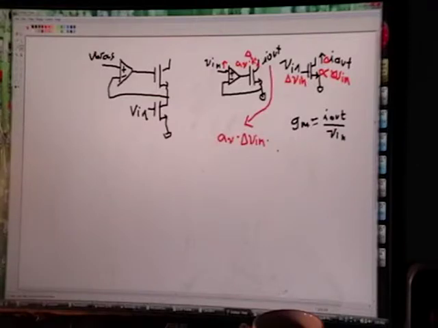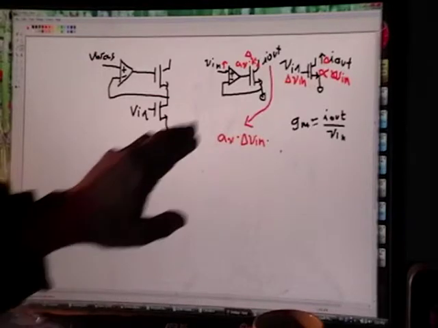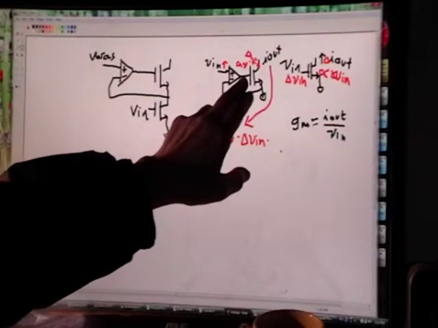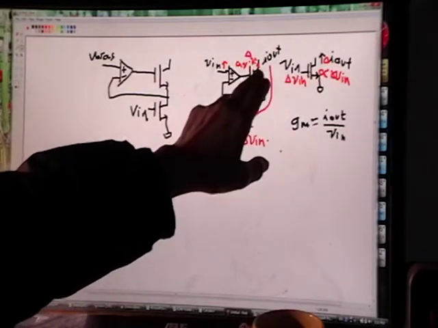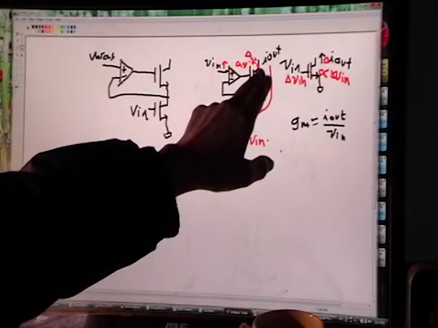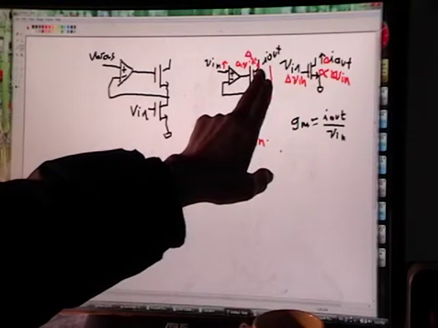I'm trying to think of a correct way to say this. Hopefully, if you were all sitting there, I could see you nodding. But just by this voltage moving AV times as much, in the legal small signal region, everything is linearly proportional. So that means the current changes AV times as much.